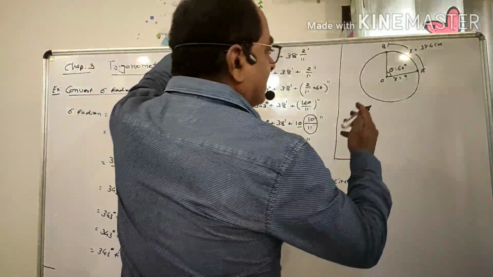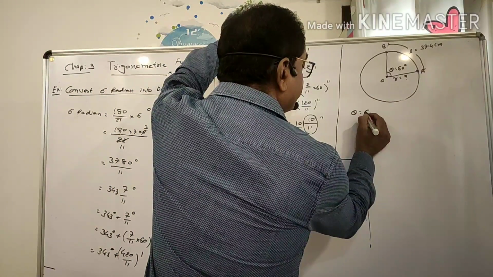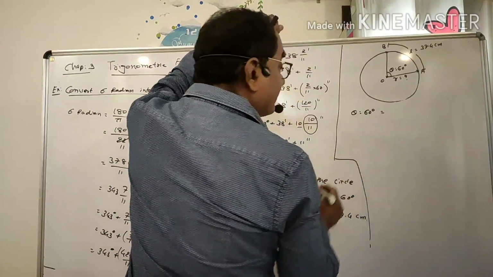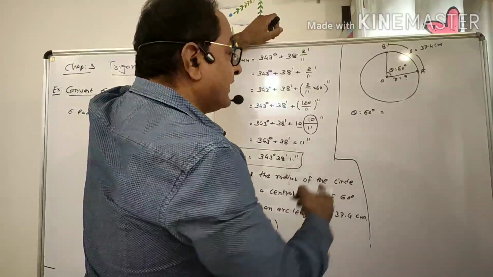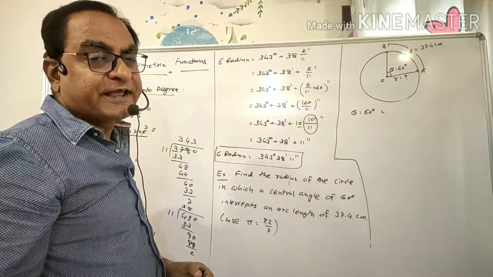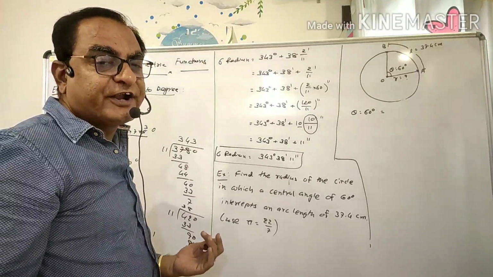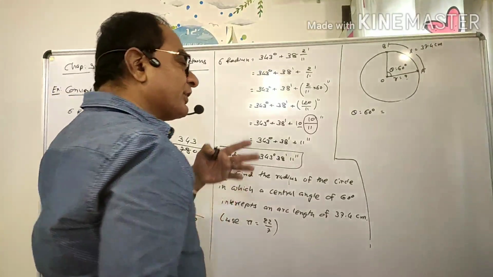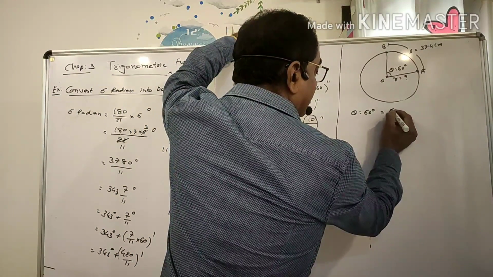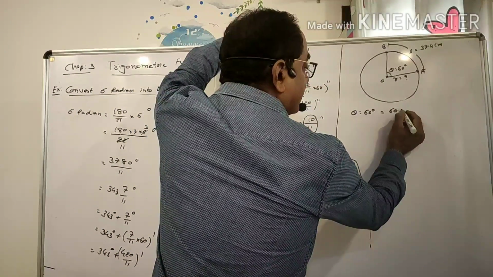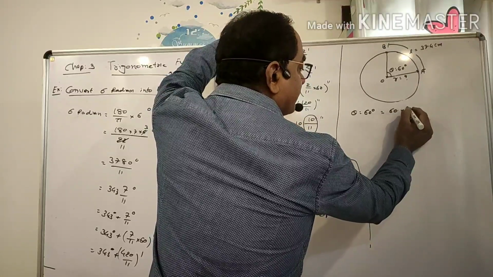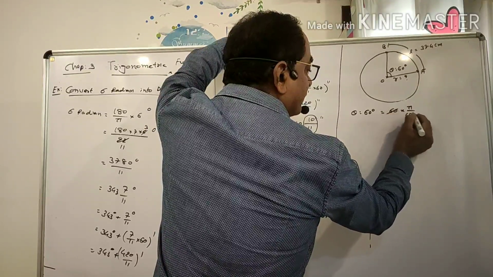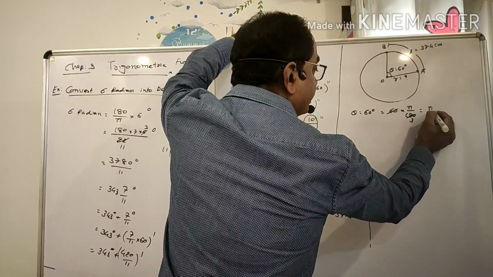So theta equals 60 degrees, converted into radians. It's a common angle, so we can directly write pi by 3 radians. If you want to convert by multiplying by a factor, you can do that too. Either way you can do it. Converting into radians, the factor is pi by 180. So it says pi by 3 radians.